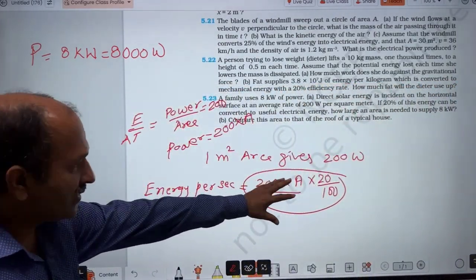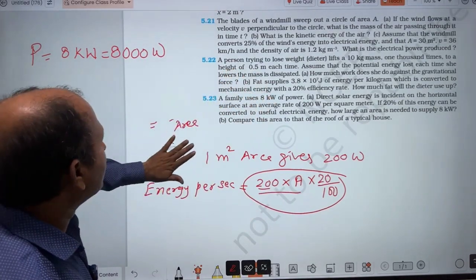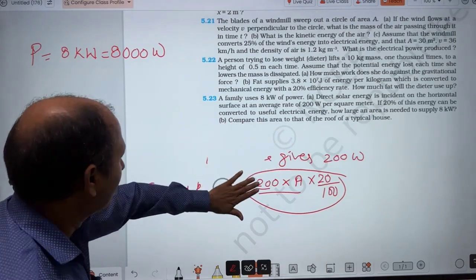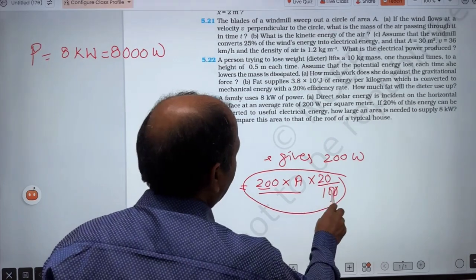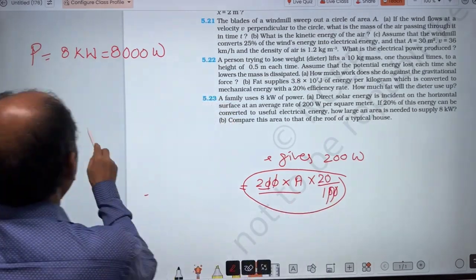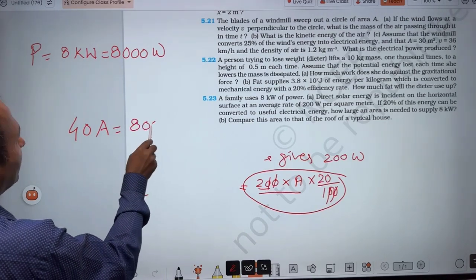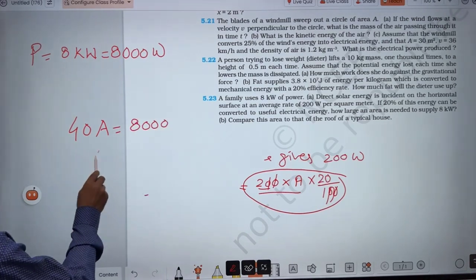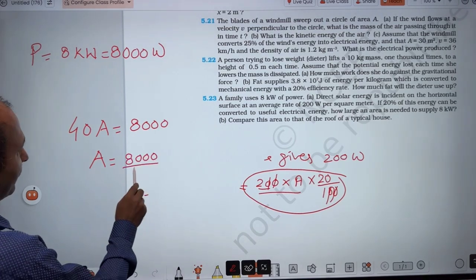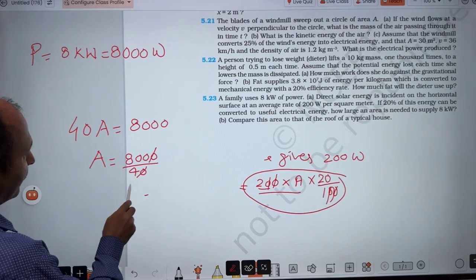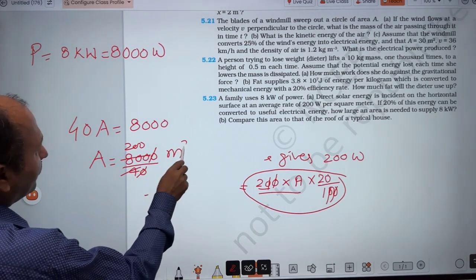Now this thing will provide this much energy, so if you equate the two, on equating, what do you get? Here 2 0 will cancel out, this will come 40 times area is 8,000, or area equal to 8,000 divided by 40, 200 meter square.